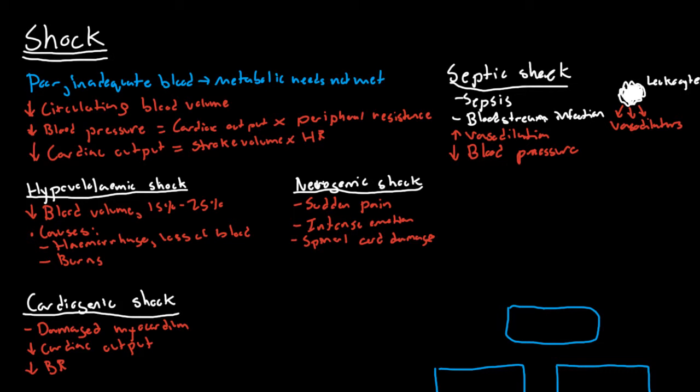So, I'm going to draw a quick brain here. And this is our CVC. And these all actually interfere with the CVC. Or you could just think of it as the brain. And this is actually going to cause vasodilation.